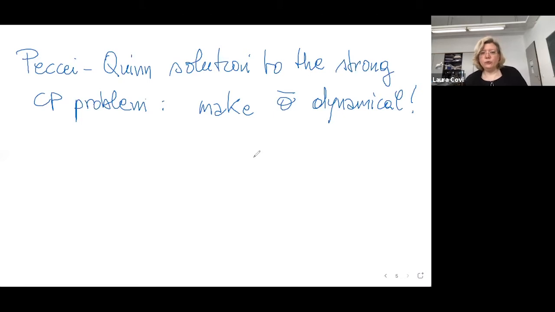So how can you do that? Well, the simplest thing is, in some sense, to have another symmetry which is anomalous. So not only the axial symmetry connected to the quarks, but you can also add an anomalous global U(1).